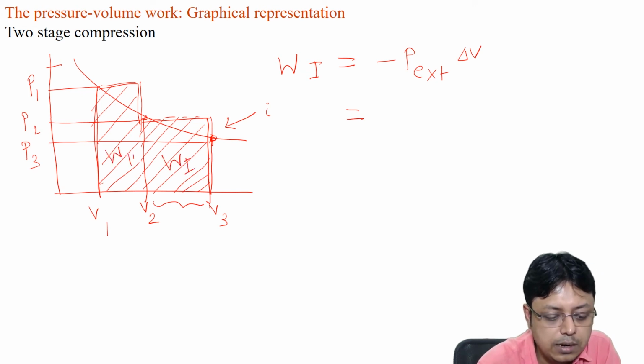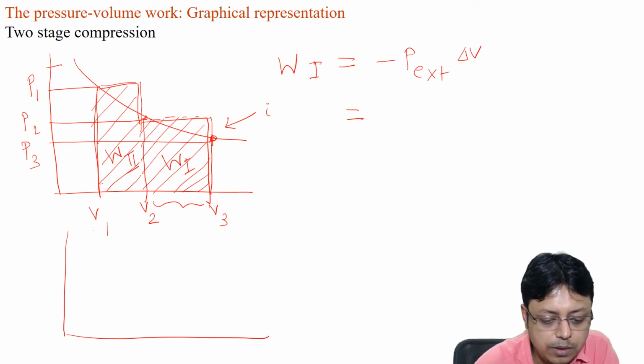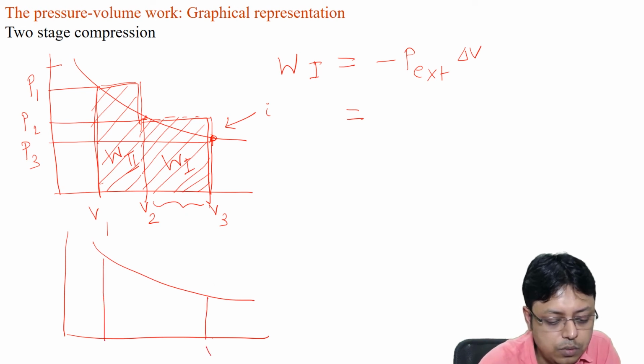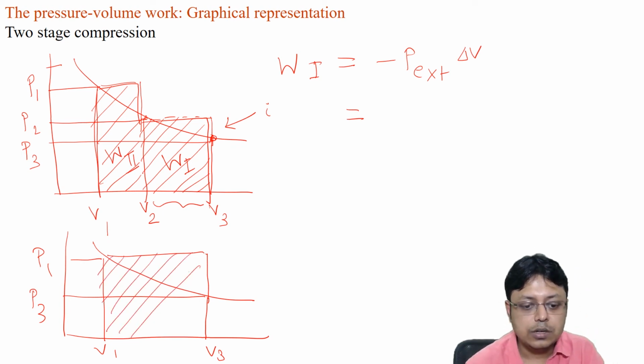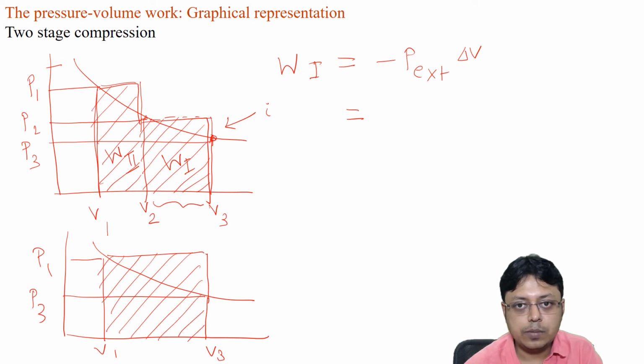Note the striking difference if we had done it with a single step going from P3 to P1, V1. We would have set the external pressure P1 right away in the beginning, and the work done by the surrounding on the system would have been this area under the curve. So we see just the opposite effect of expansion.